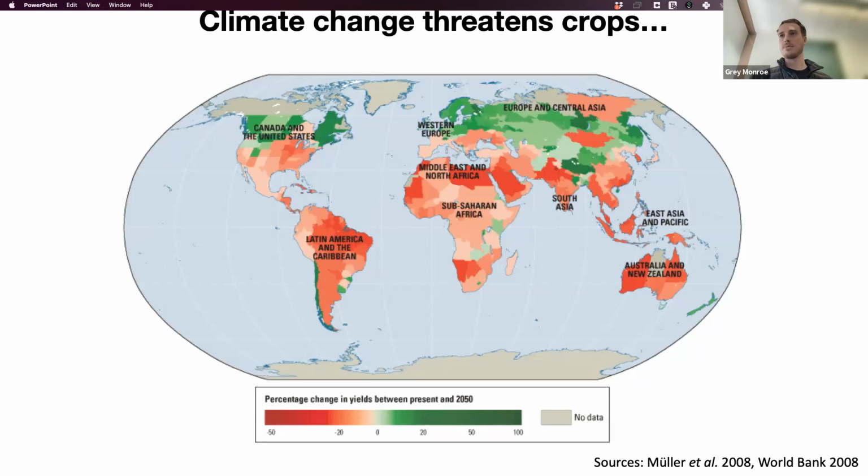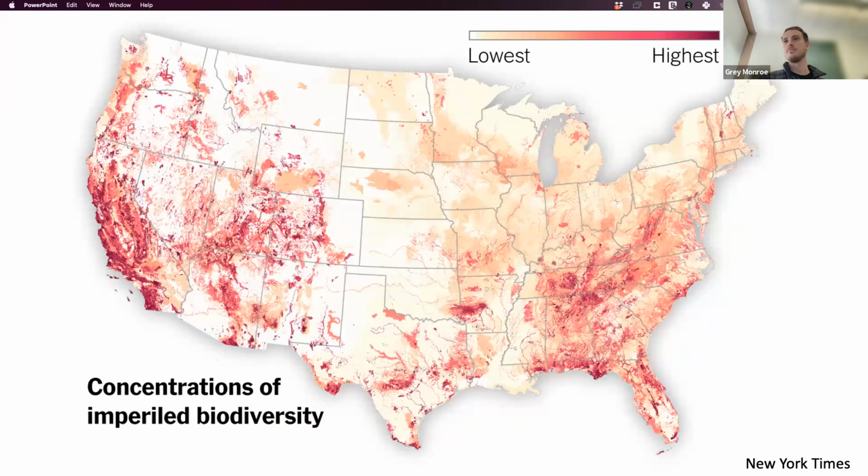So it's not just crops that are imperiled by climate change. Of course, biodiversity is threatened. Here's a map showing the regions around the US that are predicted to see losses in biodiversity. And hopefully today I'll convince you that this is something we should care about, because biodiversity provides a source of information that we can use to better understand things like adaptation.